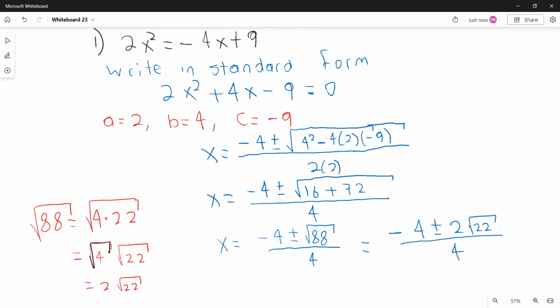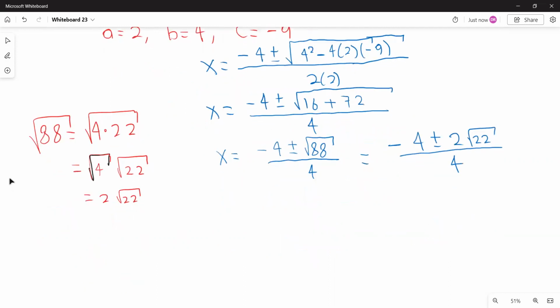And we're going to separate the solutions. We're going to write them in a comma separated list. So that's minus 4 over 4 plus minus 2 square root of 22 over 4, where 2 over 4 simplifies as 1/2. So this is minus 1 plus minus square root of 22 over 2.